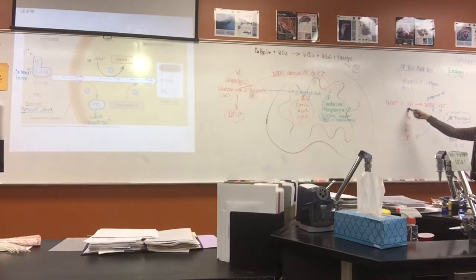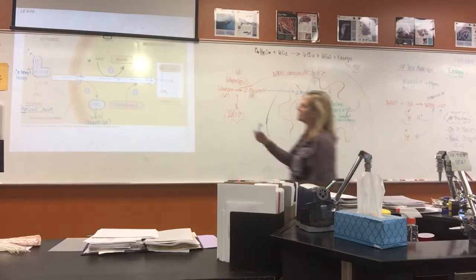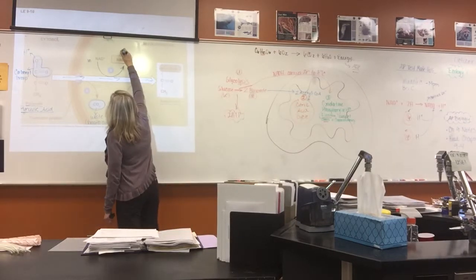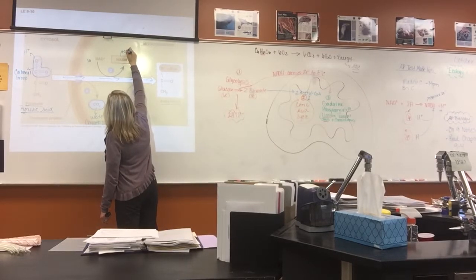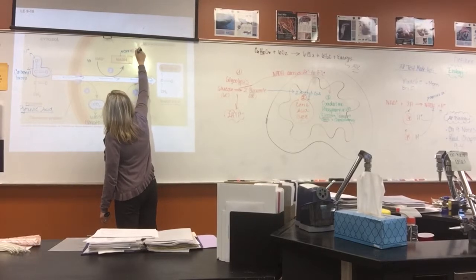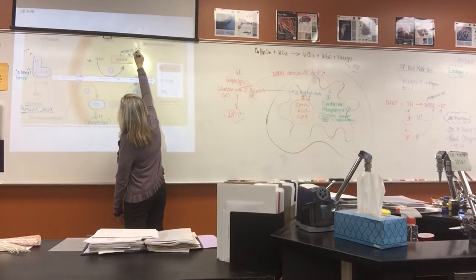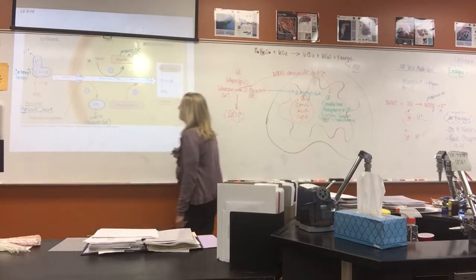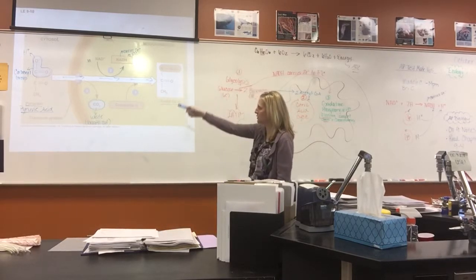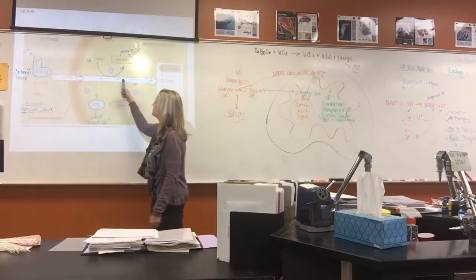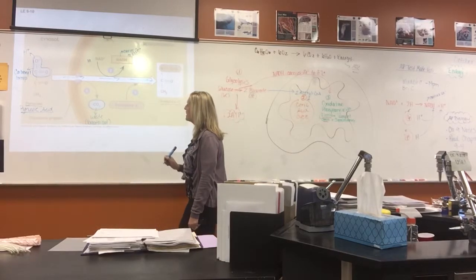NAD plus goes in, takes 2 hydrogens off of those intermediates and becomes NADH. So this is an electron carrier, just like all the other NADH, carrying 2 electrons, and it's going to go to the electron transport chain. So we get some NADHs made.